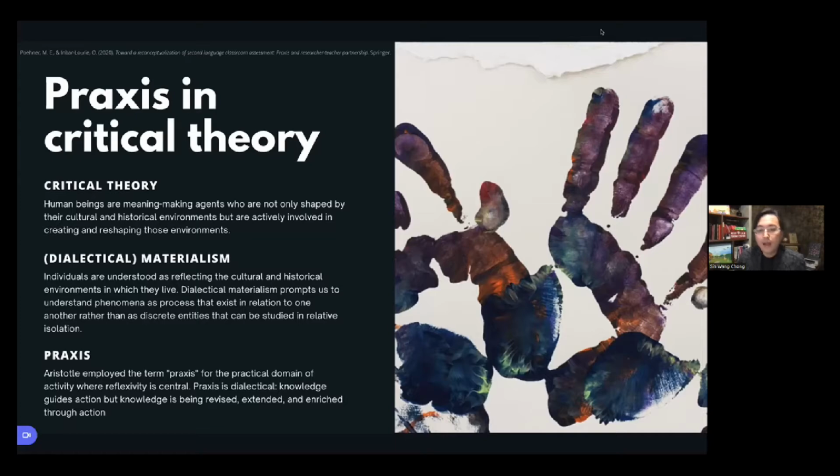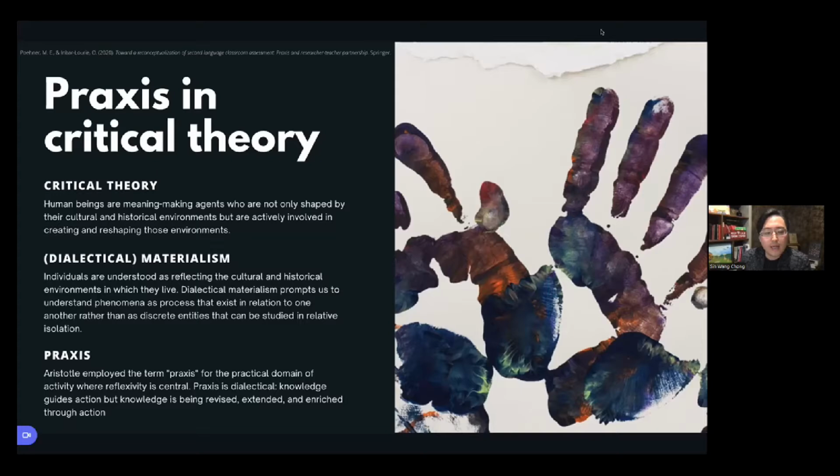So they have new platforms, new apps, new strategies, new pedagogical approaches to ensure that online teaching and learning can be done in a very conducive way. So that's humans as active agents, because they are also actively changing and responding to the environments.